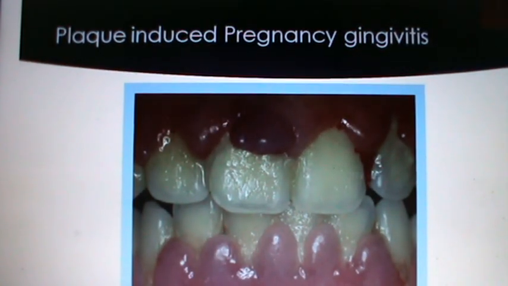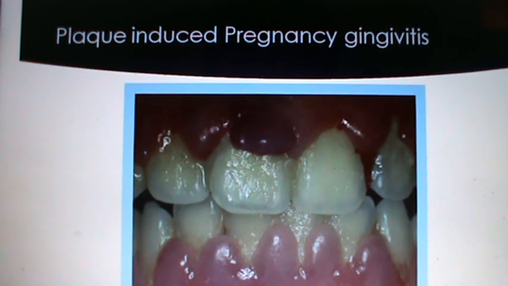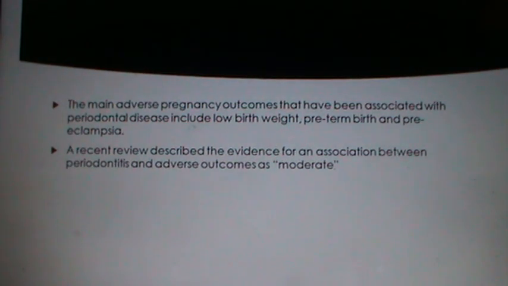You can see in this case pregnancy gingivitis is present. This may be due to plaque formation and may affect the overall health of the patient. The main adverse pregnancy outcomes that have been associated with periodontal disease include low birth weight, preterm birth, and pre-eclampsia.